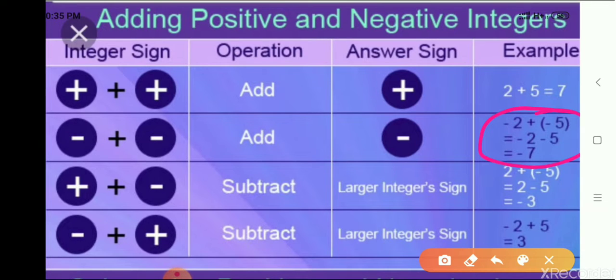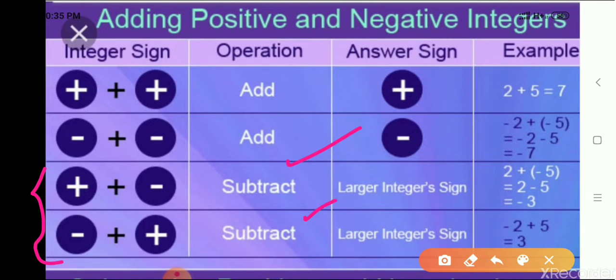So here our answer will be minus 7. As we are adding integers, so minus 2 and minus 5 will get added and our answer will be minus 7.